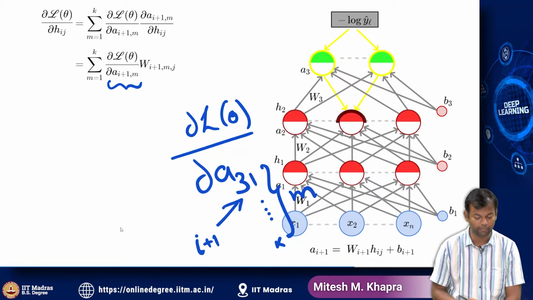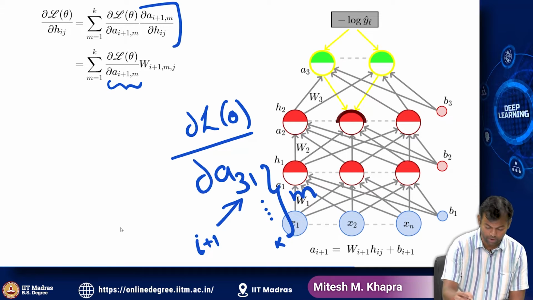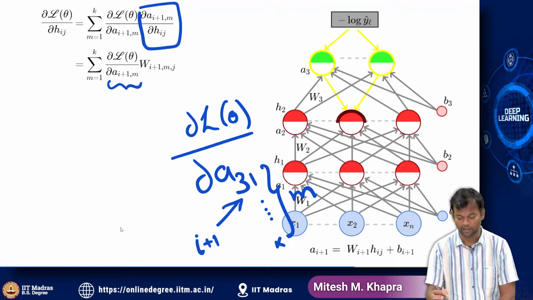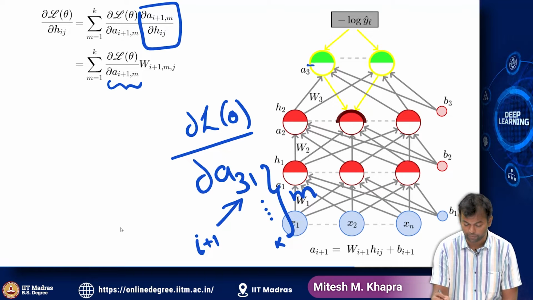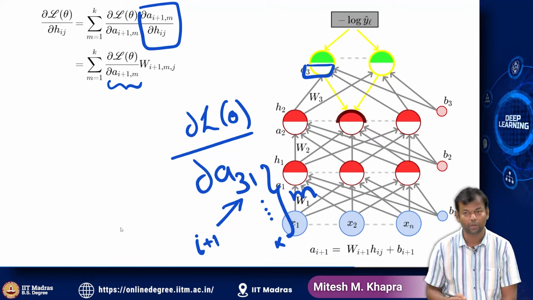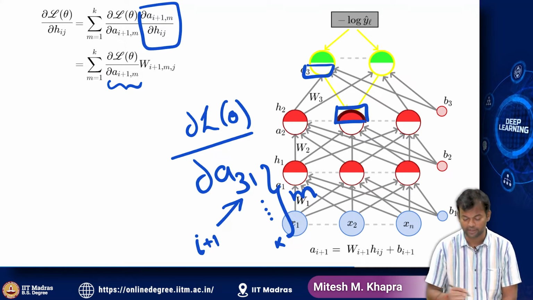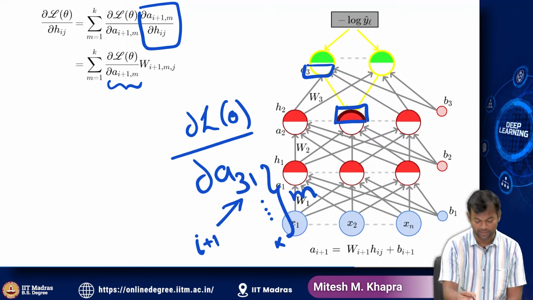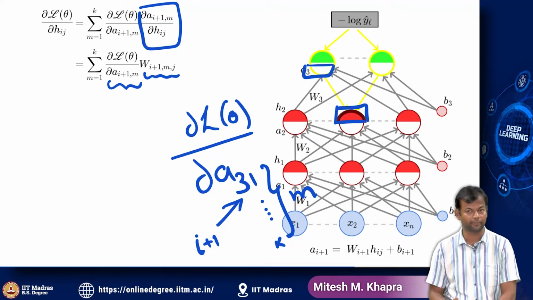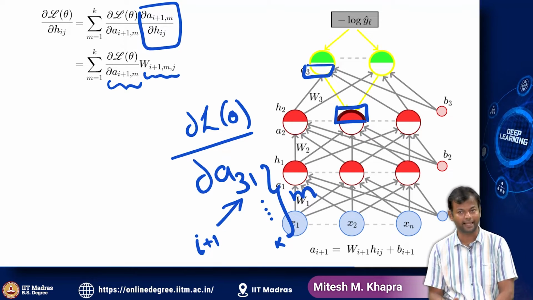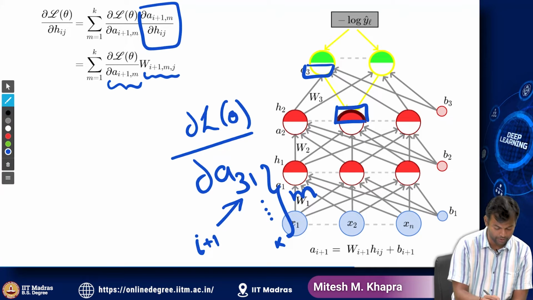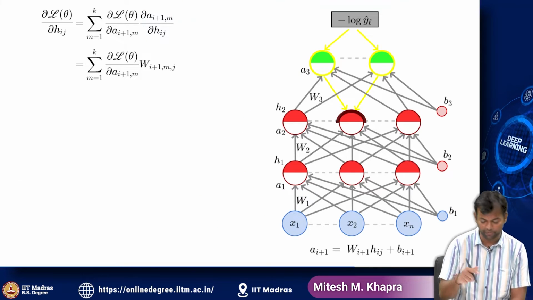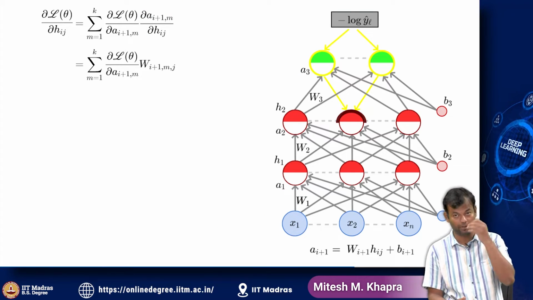So this I have already computed. What I didn't know was this. So what is this saying? I want to compute the derivative of one of these with respect to one of these, and I'm saying that that derivative is this quantity. Most of you would get that. If you don't get it, let's try to see how we get it. So give me a couple of minutes while I write a few things on the slide.